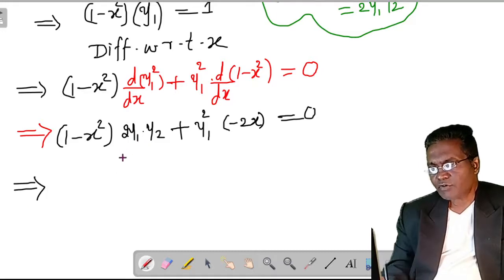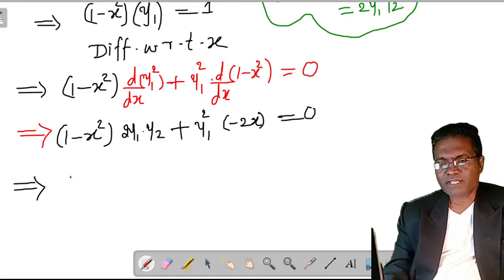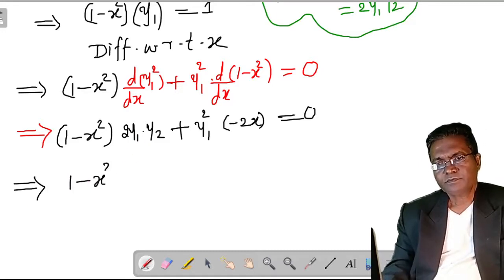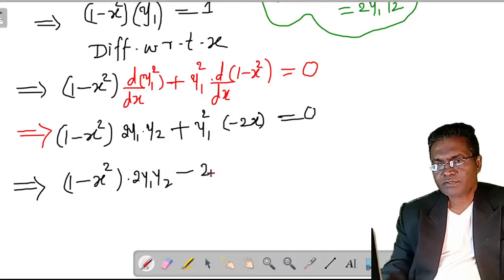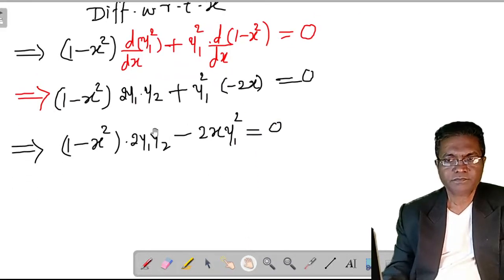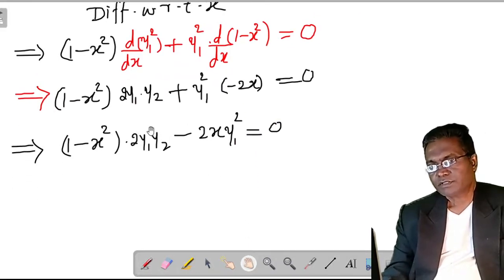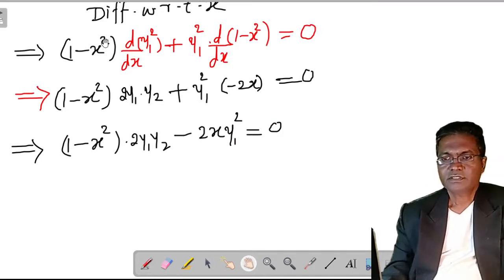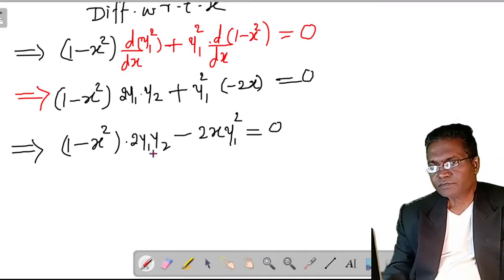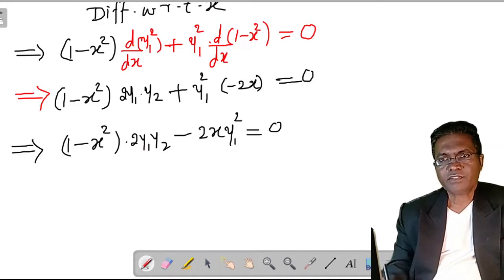Now see here what is common. Otherwise I'll write one more extra step. 1 minus x square into 2y1 y2 minus 2x y1 square equals to 0. Okay, so look here, what is common here?